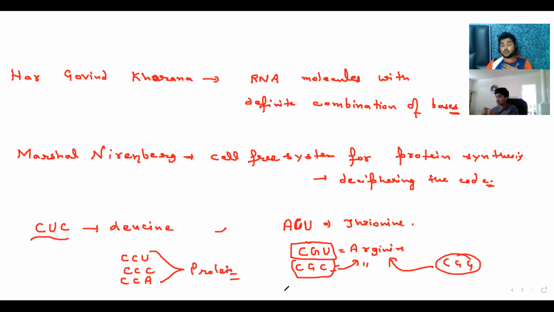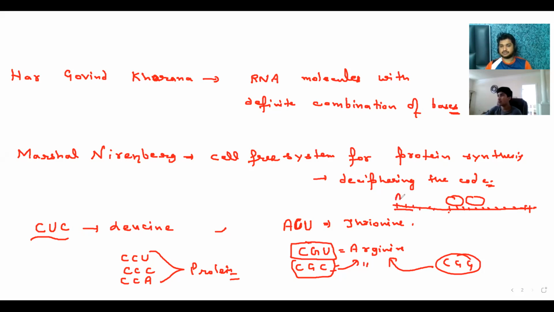So it means your protein chain. See Vishnu, suppose there is an mRNA and there are so many codes. First amino acid, then second amino acid, then third amino acid.